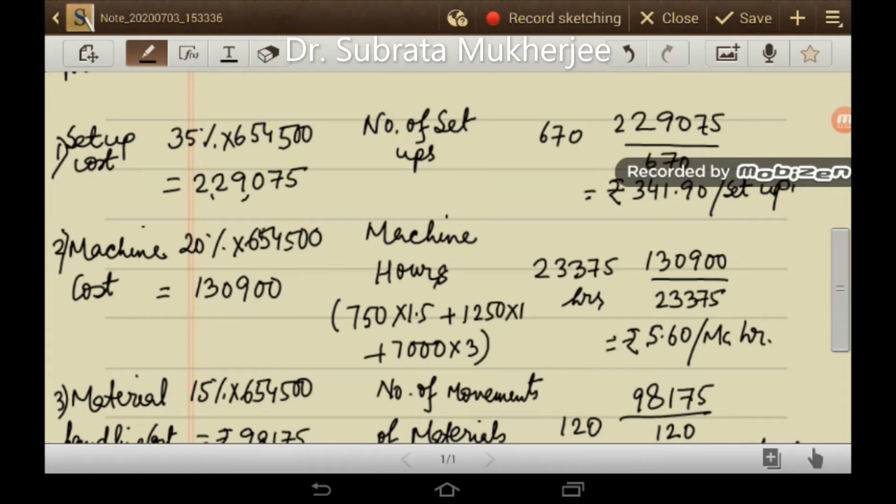For product Y, 1,250 units were produced and 1 machine hour is required, and 7,000 units of product Z were produced and 3 machine hours are required. So altogether 23,375 machine hours are required for production of X, Y and Z. So what is the rate for machine cost? This is 1,30,900 divided by 23,375 hours, so rupees 5.60 per machine hour.